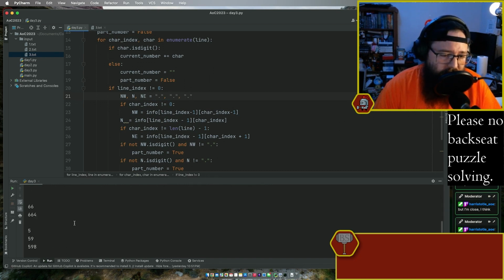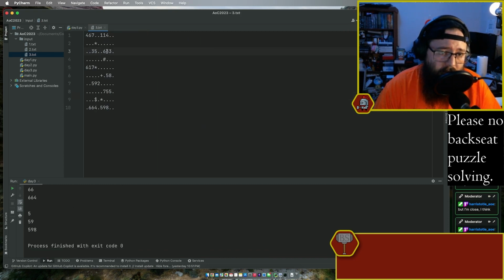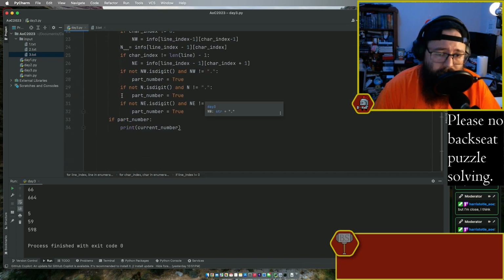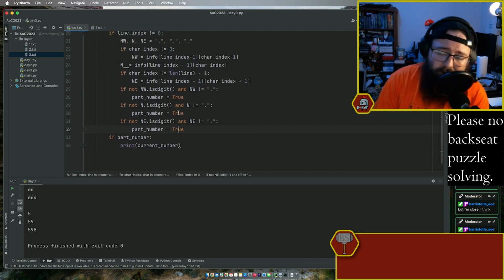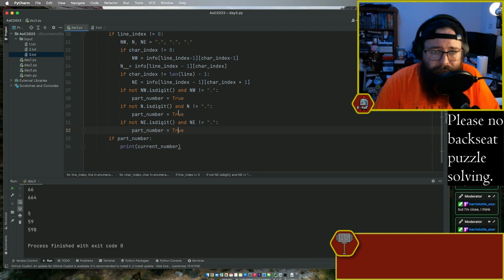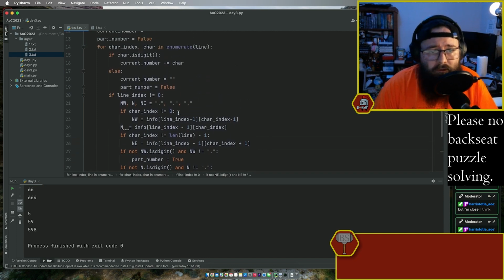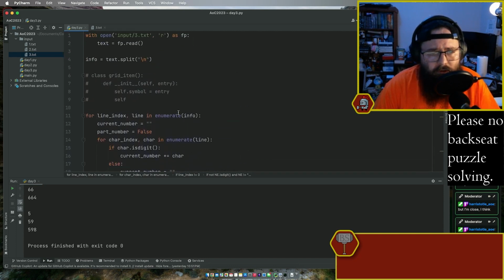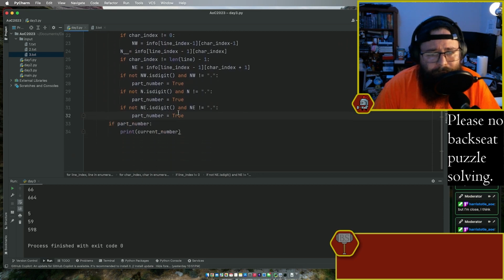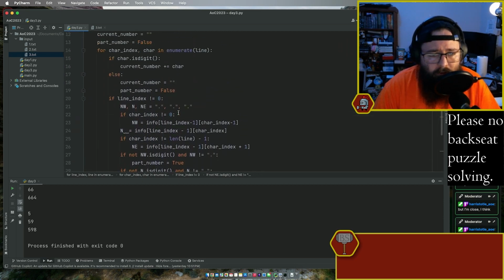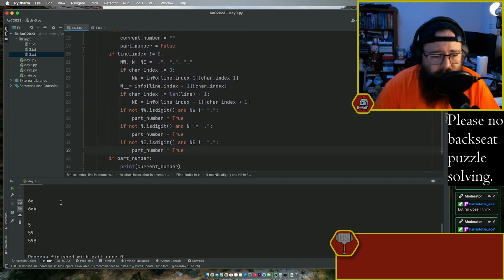I don't like it. 35, 592, 65, 35, 592. That's working. I don't like it. It's working. So then how do we differentiate the numbers that are unmet?